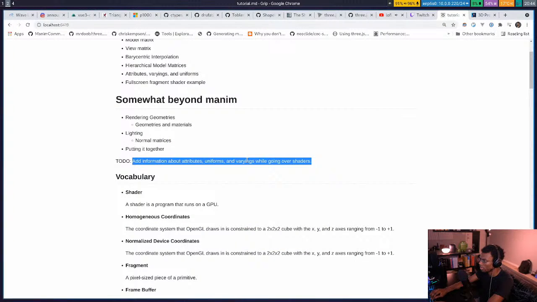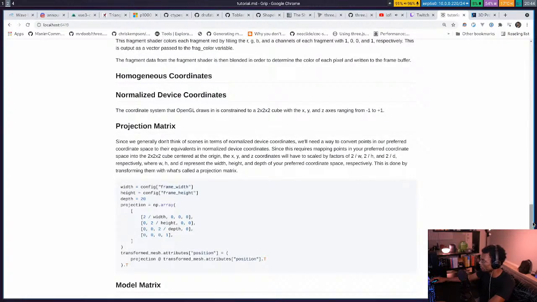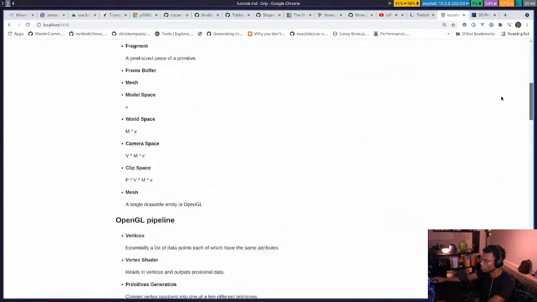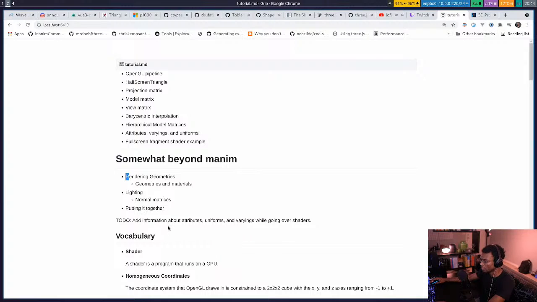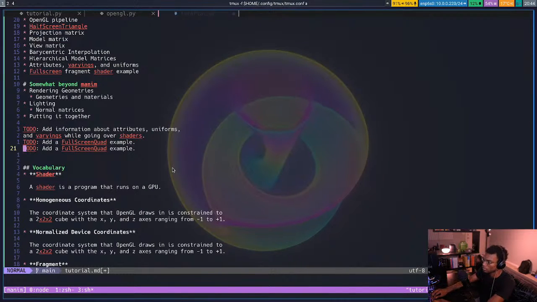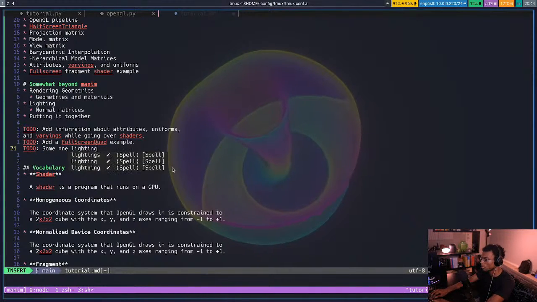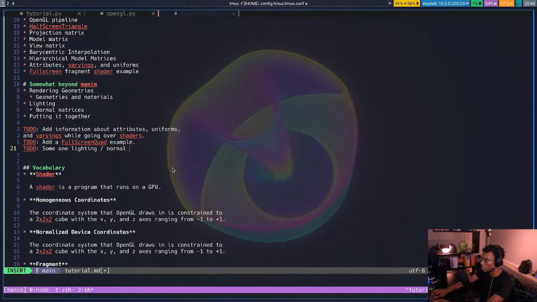What was the other thing I said? Geometries and materials, maybe. I have to fill out the vocabulary. Maybe lighting and normal matrices, I don't know.